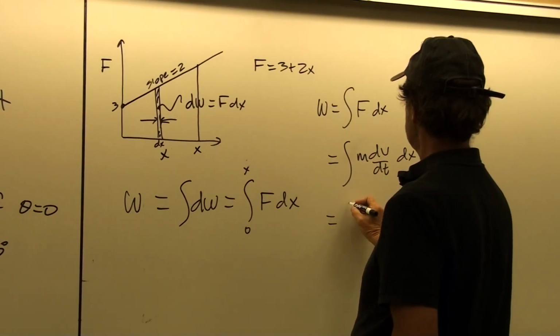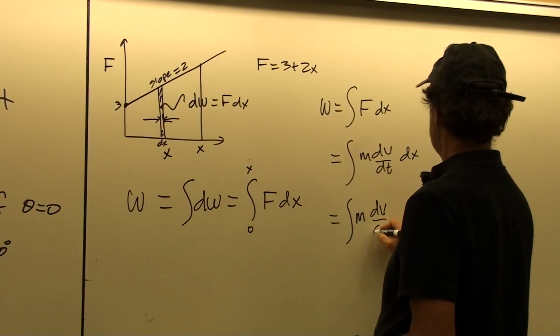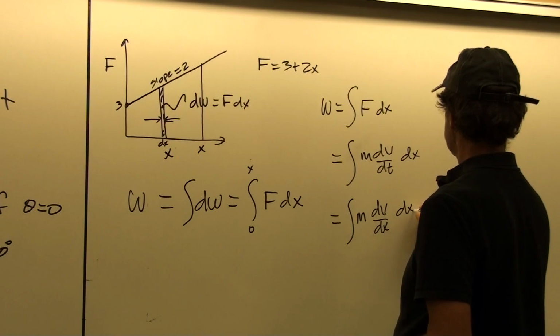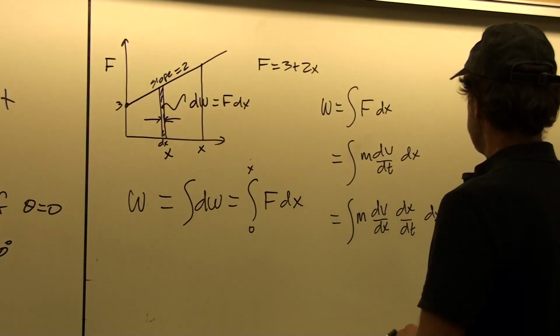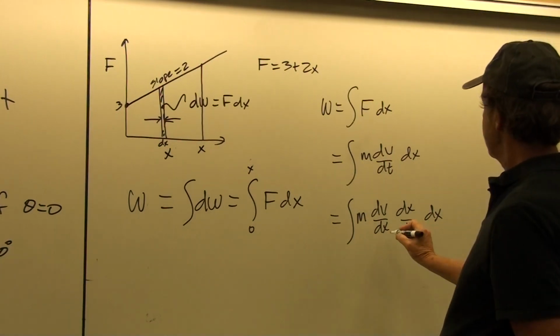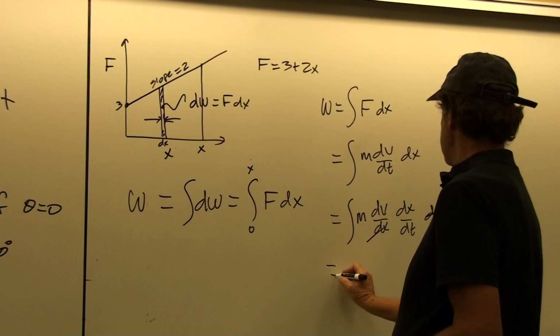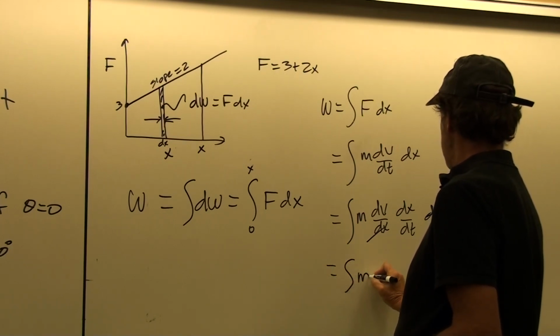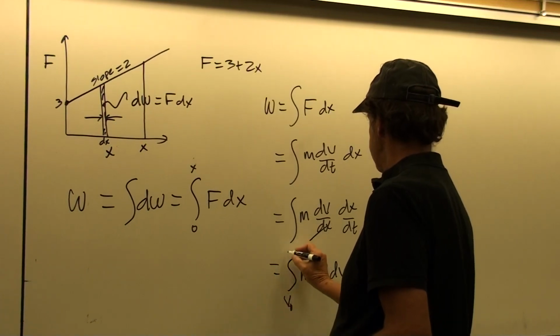And then we can use a chain rule to write this as m dv/dx times dx/dt times dx. And then I can cancel out the dx's here. And this gives me the integral of m v dv, integrated from v naught to v final.